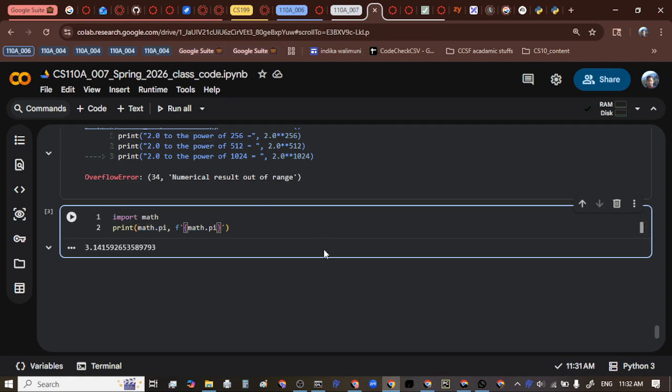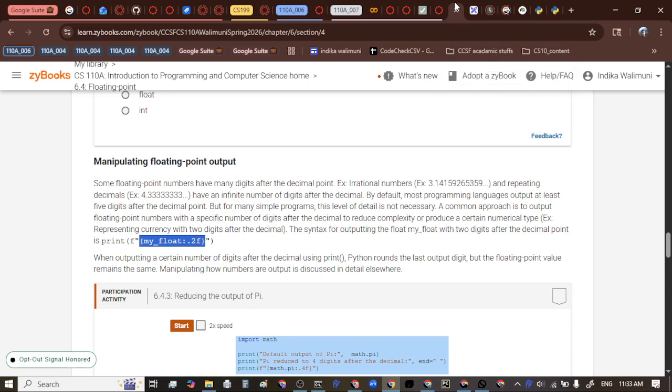And then a colon. Now I can specify how many decimal points I want to round to. Let's say I want to round this to get 3.1416, so that's 1 2 3 4. I'm going to put 4, so dot 4 and f. Let me check whether I got it right.